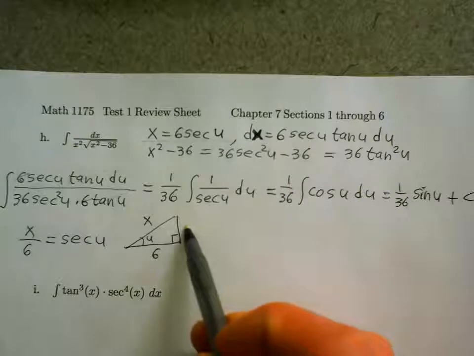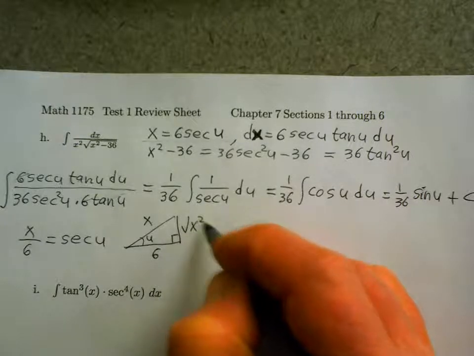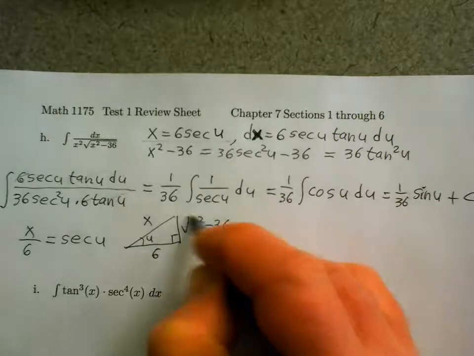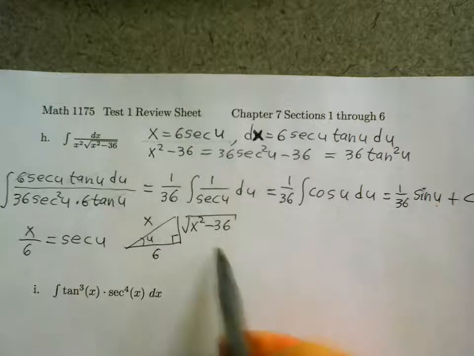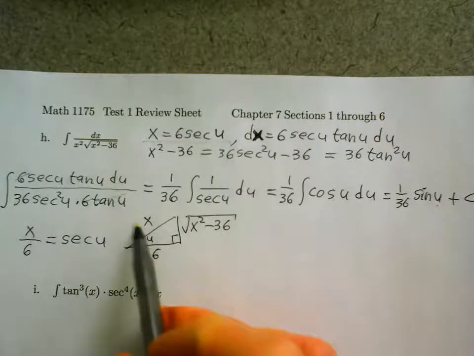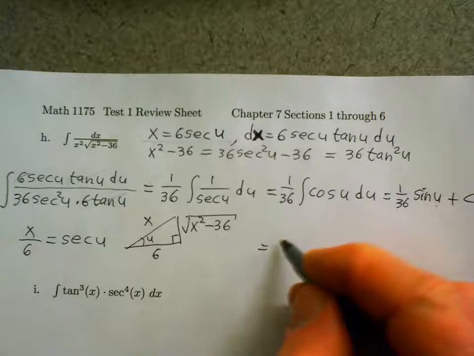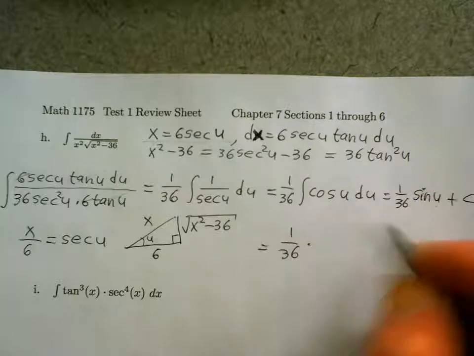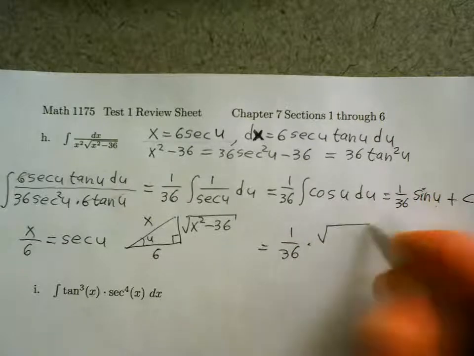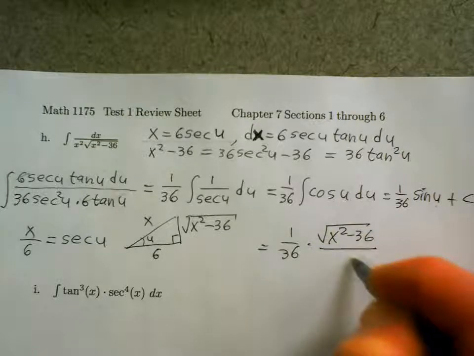And the opposite side is the square root of x squared minus 36. And then sine of u is the square root of x squared minus 36 over x. So the integral is 1 over 36 times the square root of x squared minus 36 over x plus c.